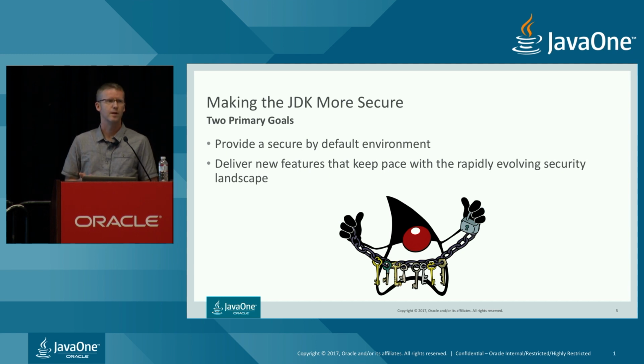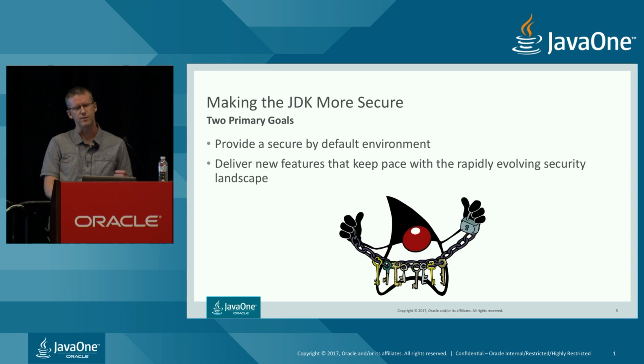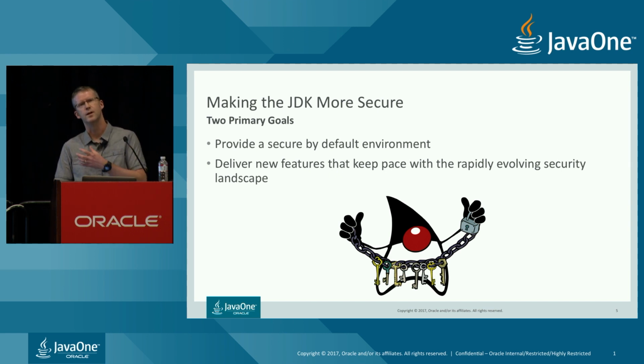Algorithms are being broken, new ones are taking their place, so we can't sit on our hands. We want to deliver the features to you that help you build security into your applications and meet the requirements of today and the future. So my hope is that you come away from this presentation with a strong feeling that we're committed to both of these goals and to helping you deliver secure applications.